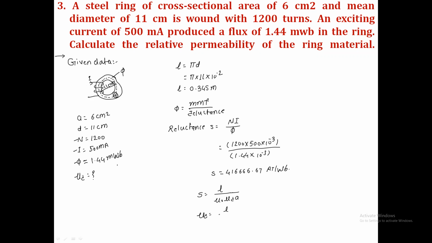So I can write mu r is equal to L divided by mu 0 A S. Now what is the value of L? 0.345, in brackets, and the denominator part is in brackets: 4 pi into 10 raised to minus 7, into the area of cross section, 6 into 10 raised to minus 4 meter square, into S, which is 416666.67.